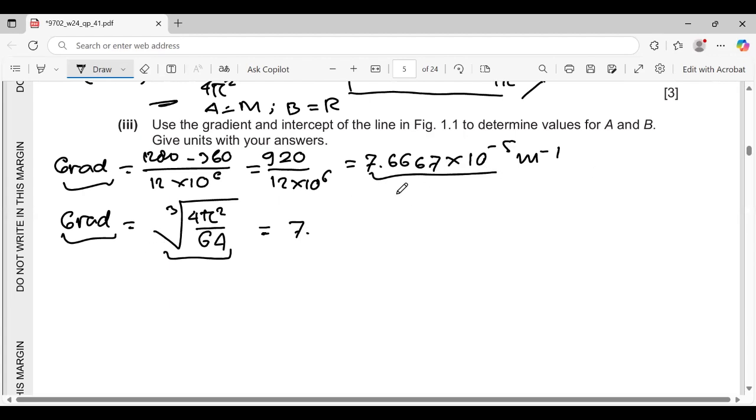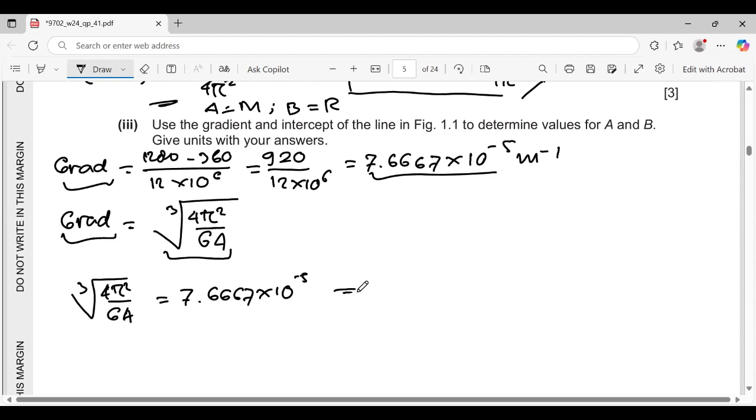I'm going to write here, maybe you will be confused. The cube root of 4 pi squared over G times a equal 7.667 times 10 power minus 5.